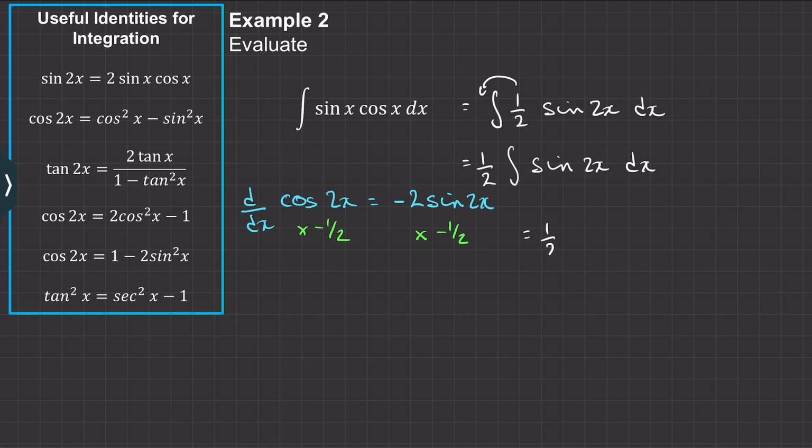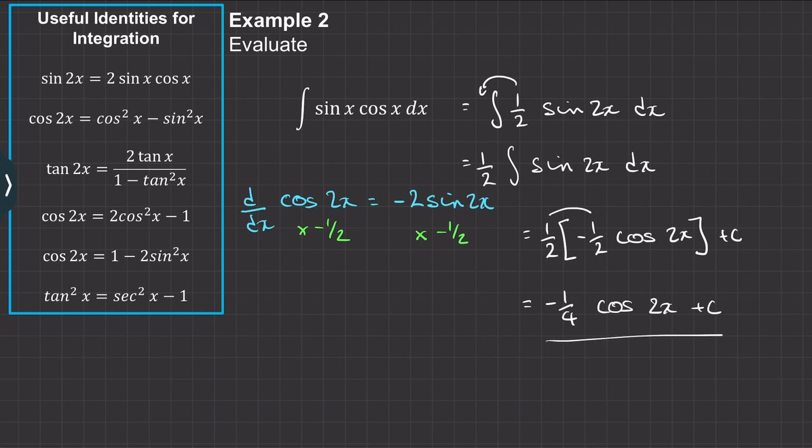So 1/2 of -1/2 cos 2x plus the constant. And we can multiply this out, so this will be -1/4 cos 2x plus c. Okay? So let's try one more question.